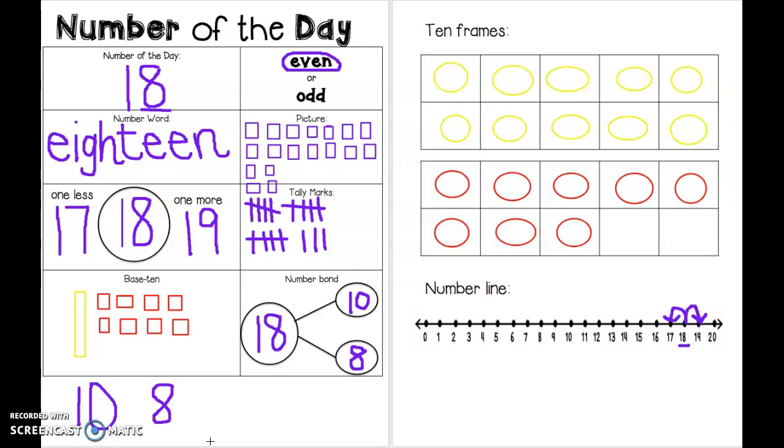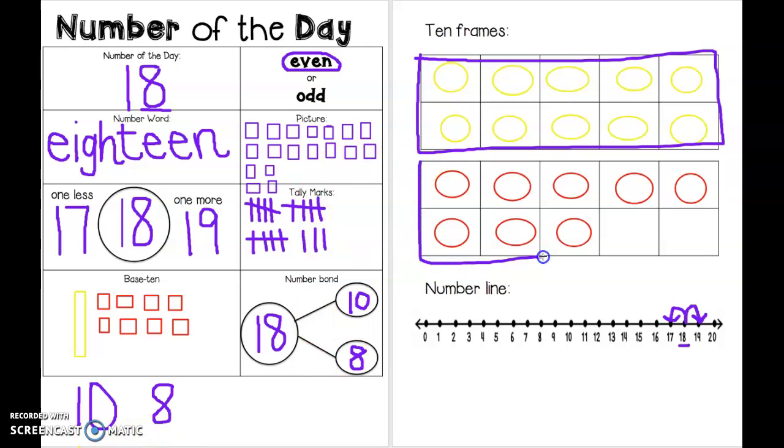Am I joining or am I separating? If I want to know how many goats they have together, and these counters represent how many goats Miss Tori has, 10, and these counters represent how many goats Boone has, am I going to join those two numbers together?